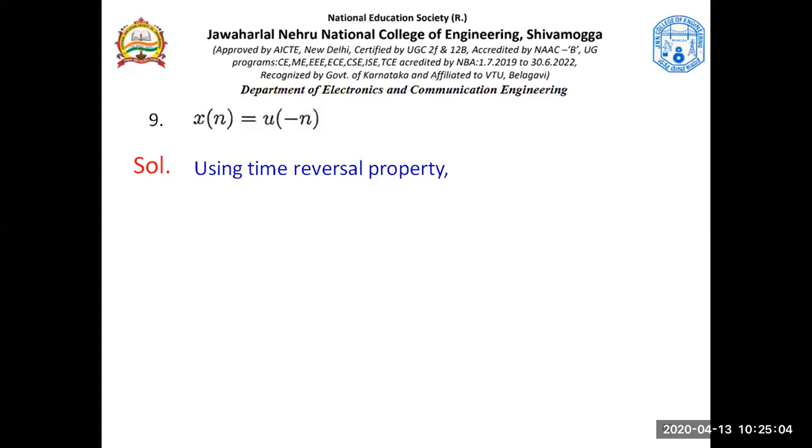Understand the point? So how does the time reversal property look? It looks like this, and it's quite simple. The z transform of x of n is x of z. The z transform of x of minus n is x of 1 by z.